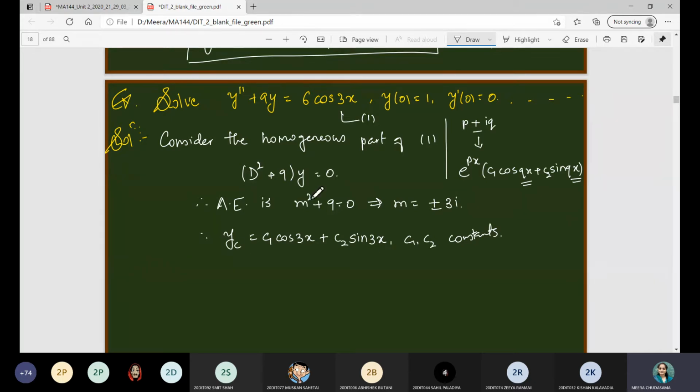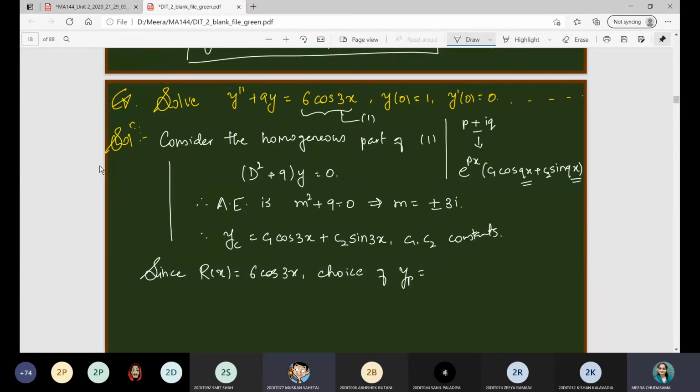Okay, what will be the choice of yp in this case? First, forget about the complementary function, just see the right hand side part and let me know what the choice of particular solution will be.